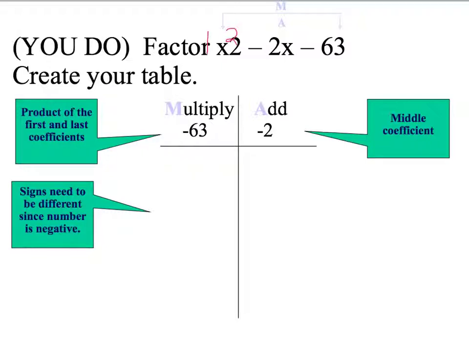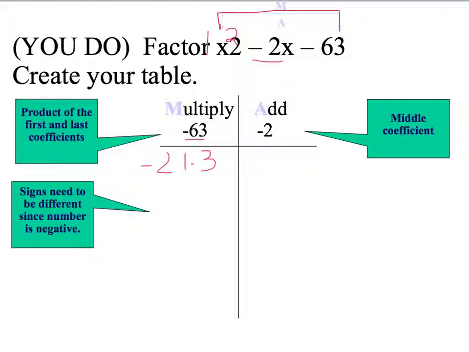Again, the coefficient here is 1. 1 times negative 63 is negative 63, and negative 2 in the center. Numbers that multiply to negative 63: negative 21 times 3. I see that it needs to add up to 2, so let's think if there are two numbers that are close together, since we're going to be subtracting.